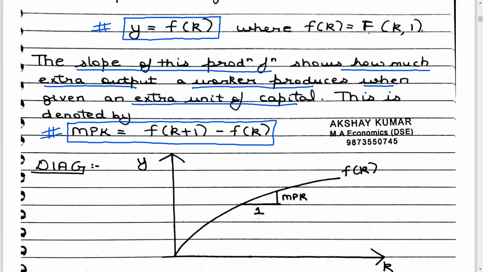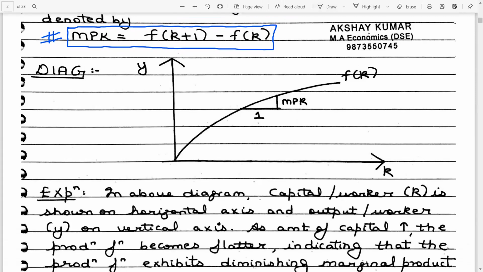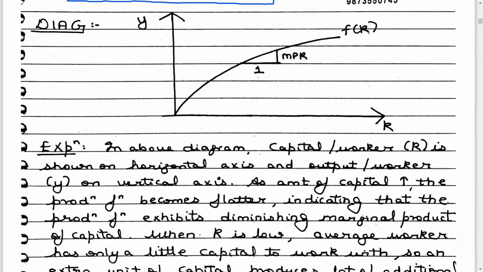You can now look at the diagram. If we analyze the diagram, on the horizontal axis, capital stock per worker. On the vertical axis, output per worker. Now, since we have diminishing returns, that means my marginal productivity of capital is diminishing.